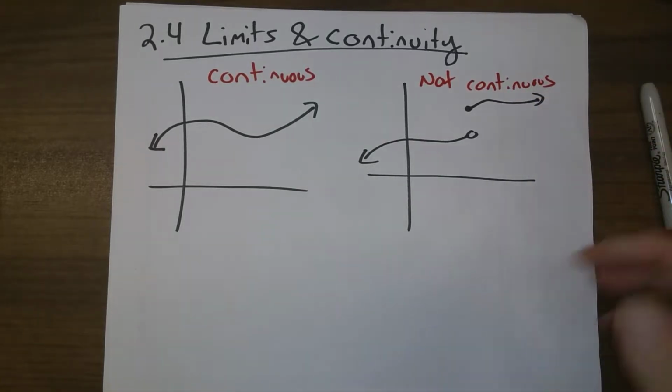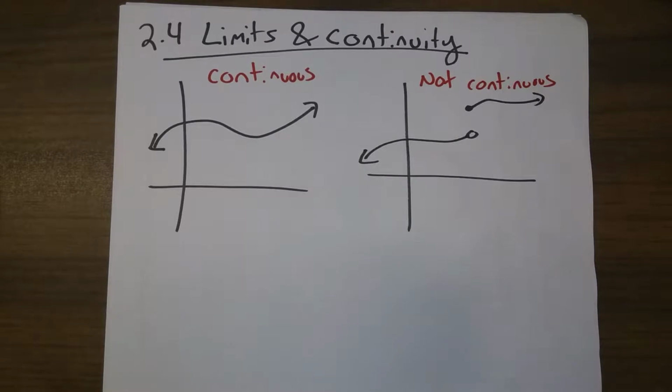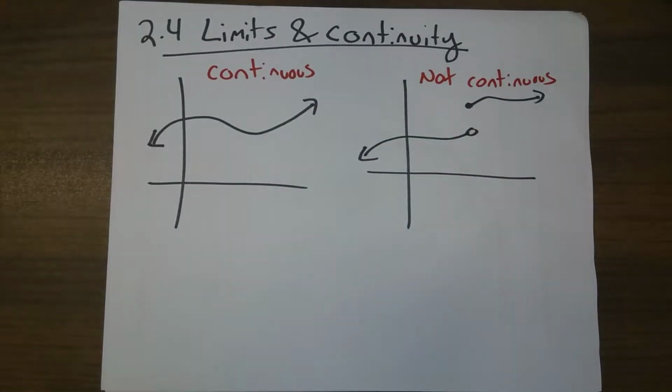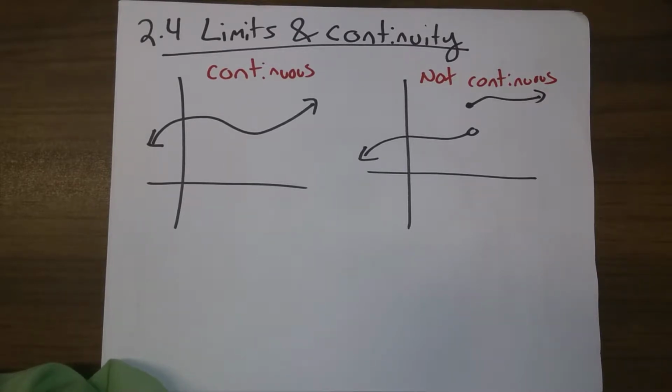When I go to the next piece of paper, we'll be giving a formal definition of what it means for a function to be continuous versus not continuous. I'll just note here that a lot of physical phenomena that we observe in everyday life are going to be continuous. For example, temperature is going to be continuous.